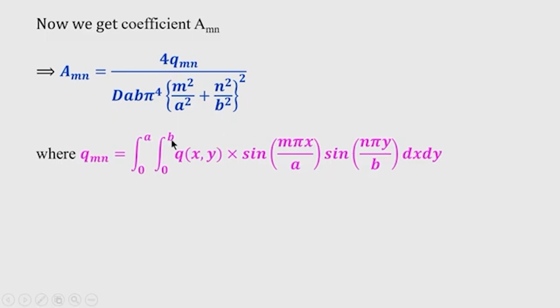After knowing AMN, you can find the deflected surface. So, from the deflected surface or deflection function, you can go further to find out the slope, bending moment, shearing force, S shear, corner reaction, everything you can find after finding the deflected surface.